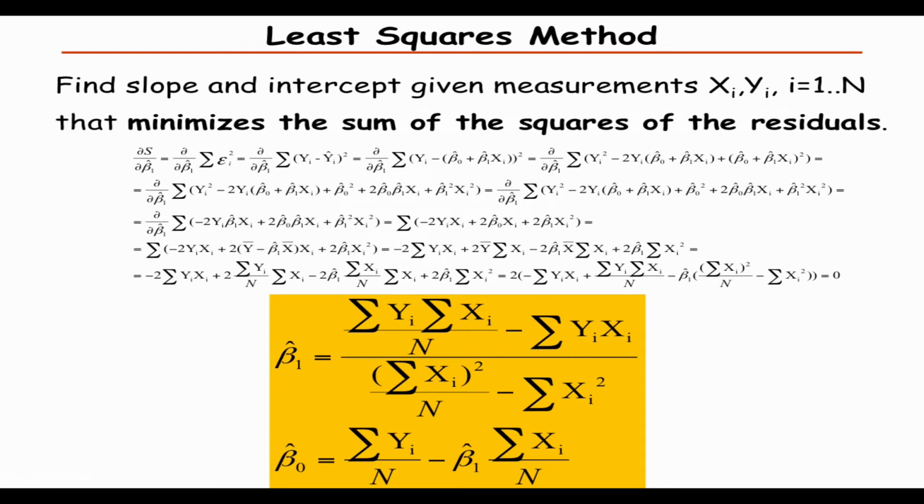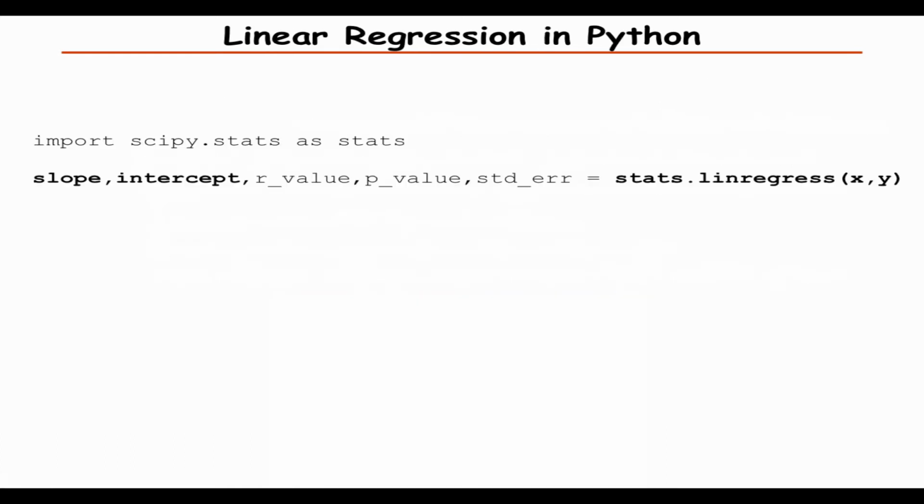But the nice thing is that in Python, and in other languages also, it's very easy. There is a function that you can call to get the slope and the intercept. It's in the SciPy stats package and it's just called linregress.